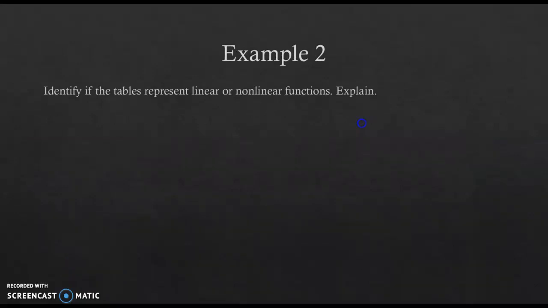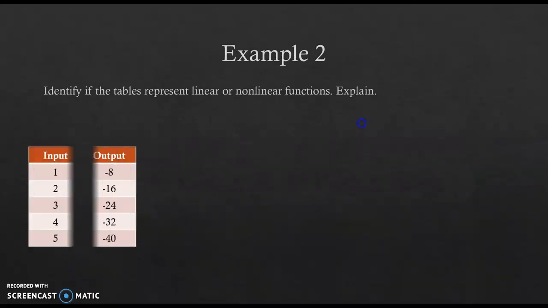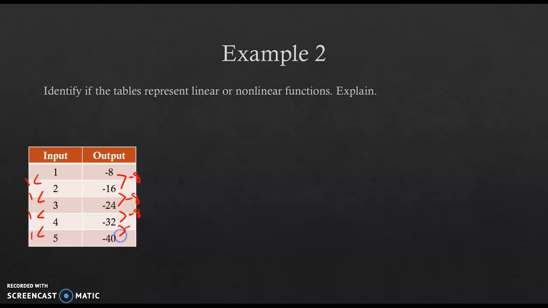In example 2 here, again, we're looking at tables. So we'll look at this first table. I'm increasing by 1s on this side, so all of these are increasing by 1. Negative 8 to negative 16 is subtracting 8, and then we subtract 8 again, and again, and again.